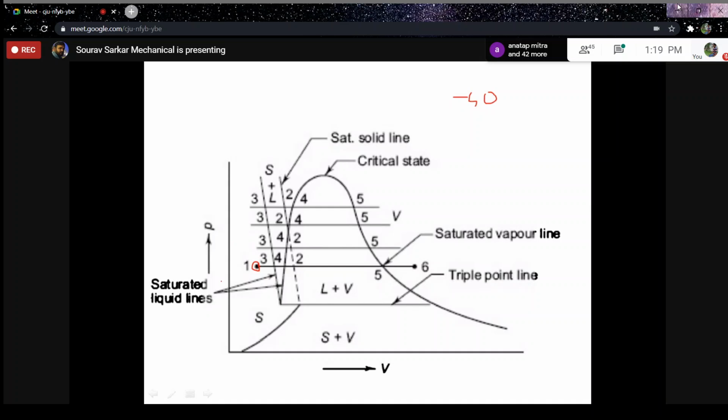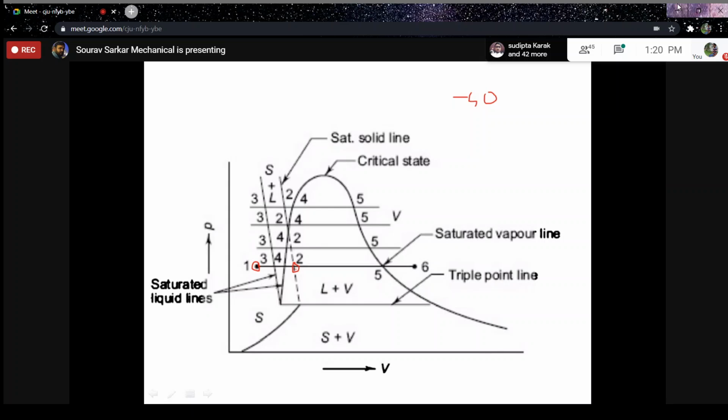If you heat it, slowly the temperature will increase, and due to heating the ice will also expand. After some time, if I consider this pressure as 1 atm, at 0 degrees Celsius it will be completely ice. Now it is ice which is about to melt.